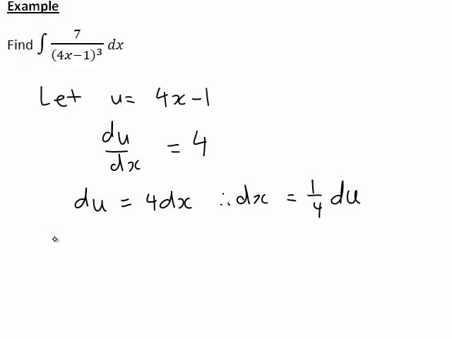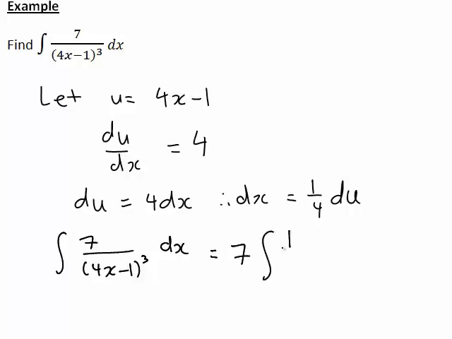And before we apply that substitution, it could also be convenient to take the constant 7 that is on the numerator outside the integral sign, so that we get 7 times the integral of 1 divided by (4x minus 1) cubed dx.